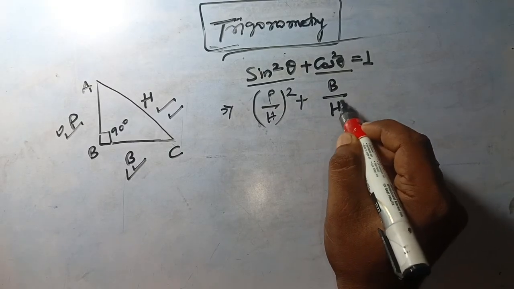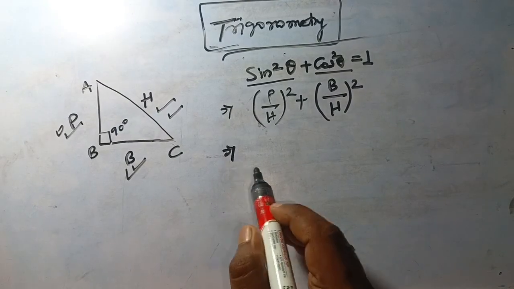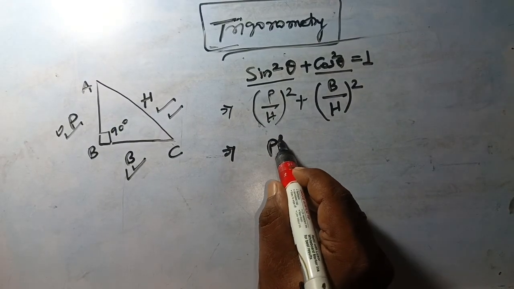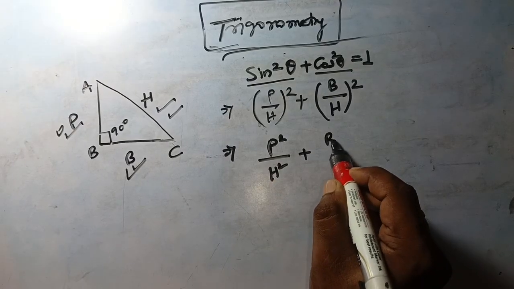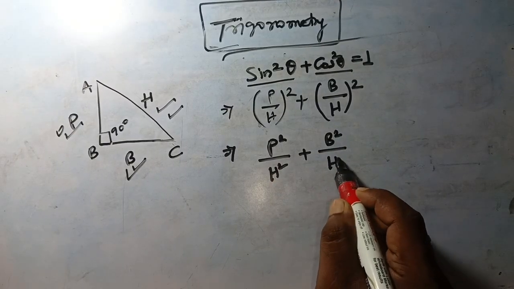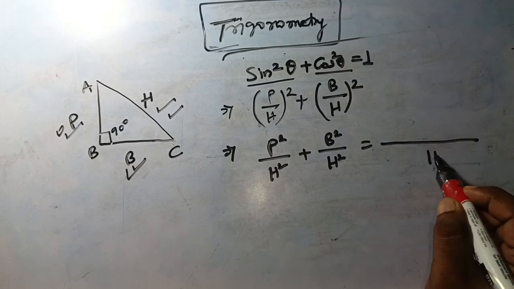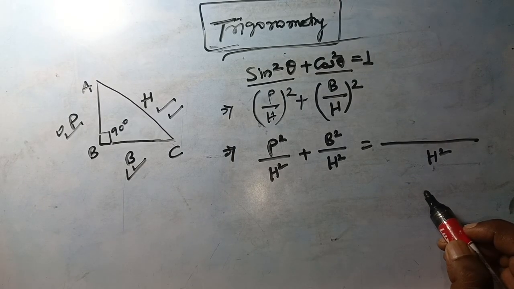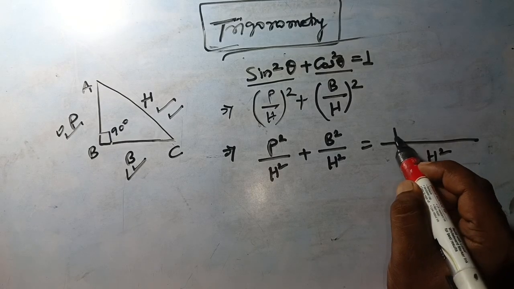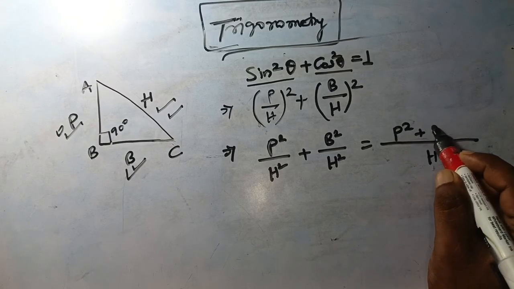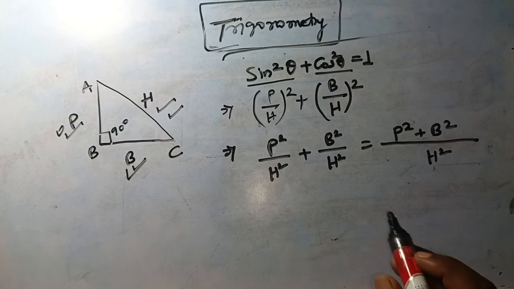Base upon hypotenuse. So perpendicular square upon hypotenuse square plus base square upon hypotenuse square, which is equal to hypotenuse square as a denominator, and perpendicular square and base square at the numerator.